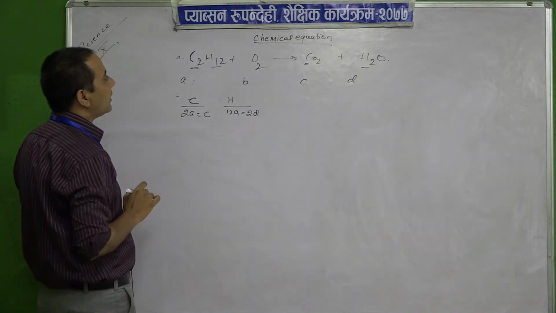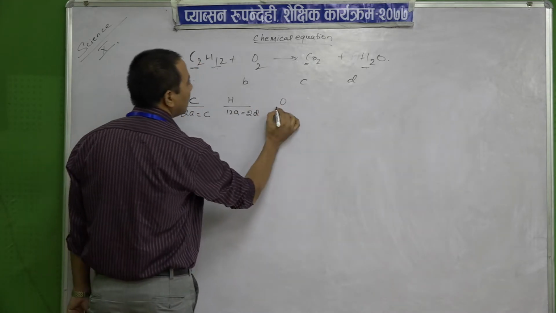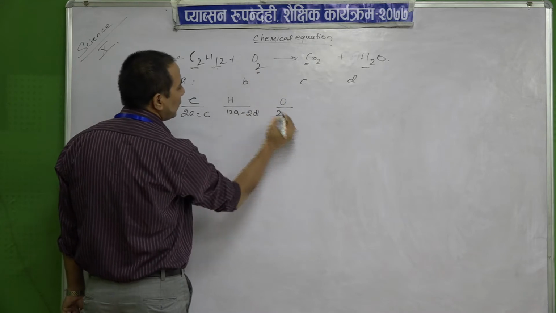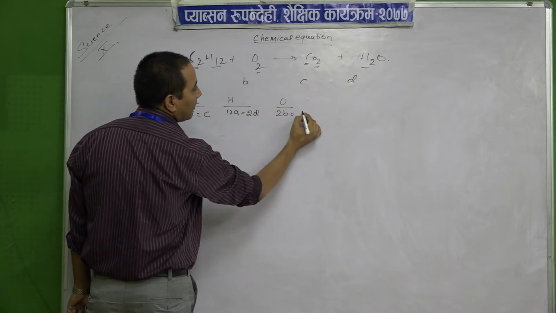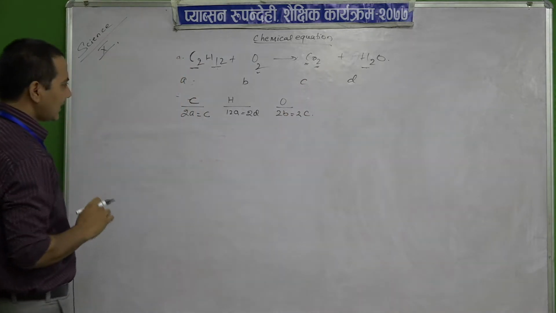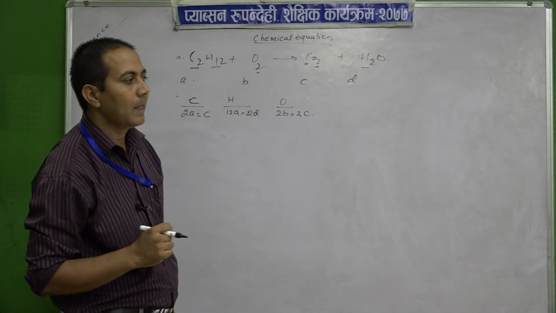And another one that remains is oxygen. Oxygen is B, here it is 2, therefore 2B. And where is oxygen on the other side? In C, so it will be 2C. Now what do we have to do?